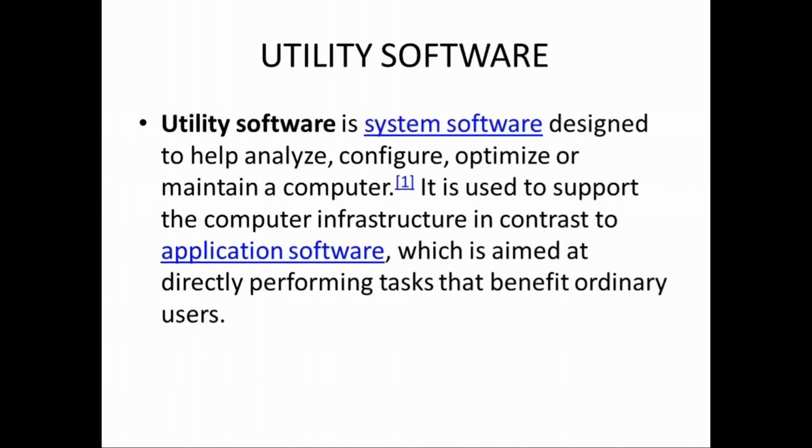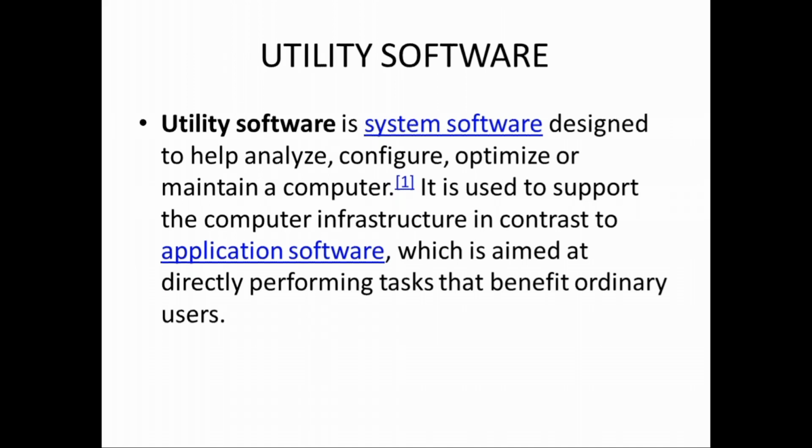So let's look at utility software. Utility software is system software designed to help organize, configure, optimize, or maintain a computer. It is used to support the computer infrastructure in contrast to application software, which is aimed at directly performing tasks that benefit ordinary users.